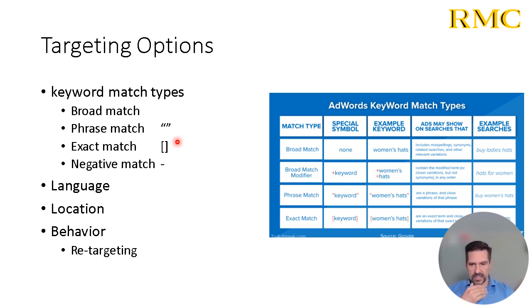What that's going to do is make sure that the searches that qualify for your ads are very similar, at least up to what will be a phrase relative to your keywords. And then finally, the most narrow and the most specific is exact match, where you use these brackets for your keywords.